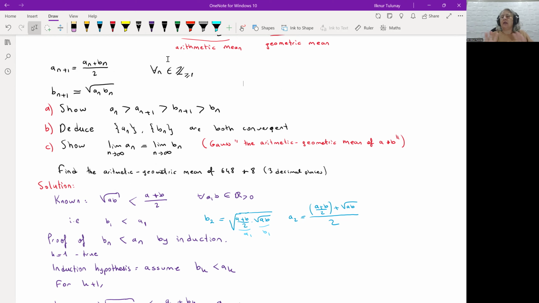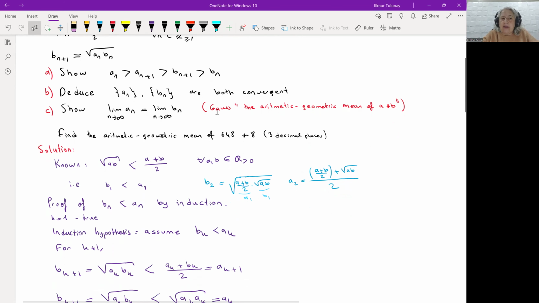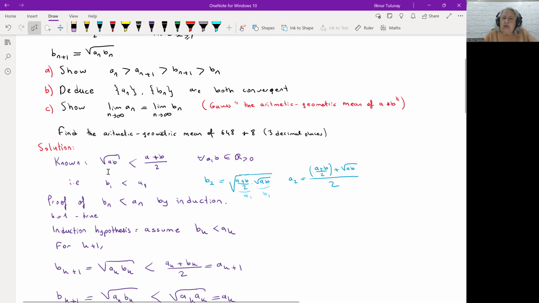In order to prove something, we would like to use the induction method. This is the first thing that comes to our mind as a mathematicians. You have indices indexed by the natural numbers, and the proof should most probably go with induction. So we need to apply the induction method to show this inequality is true for each n.